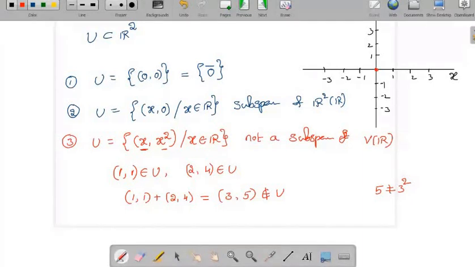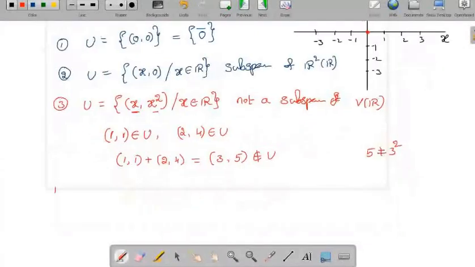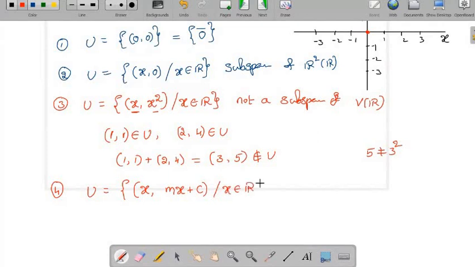Another example is (x, mx + c). So let me write one more. So U equal to, it means you're considering almost all lines, right? So (x, mx + c) such that x belongs to real numbers.